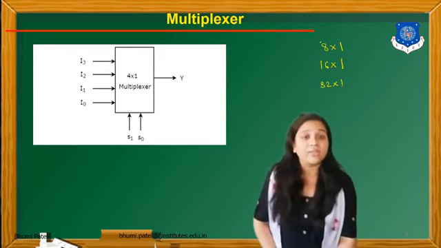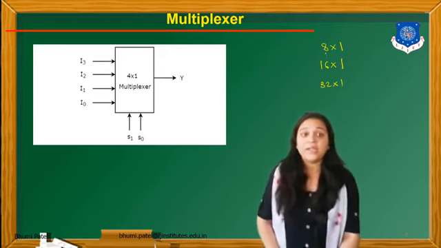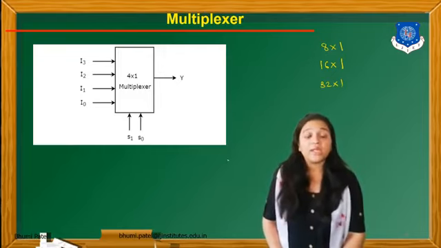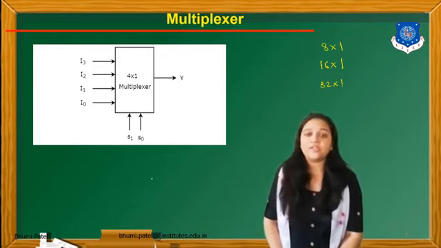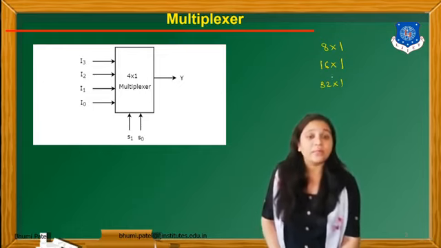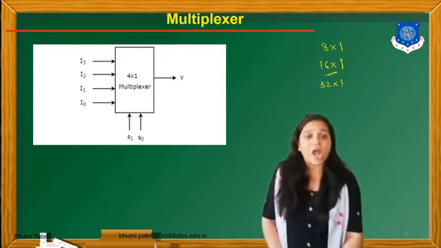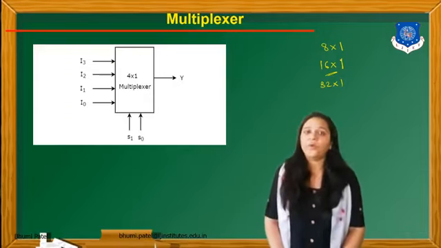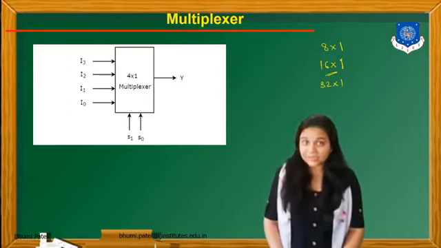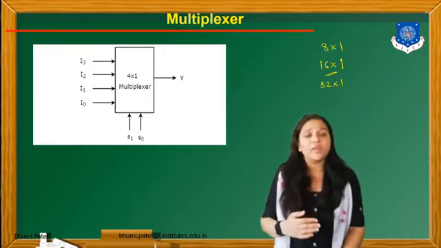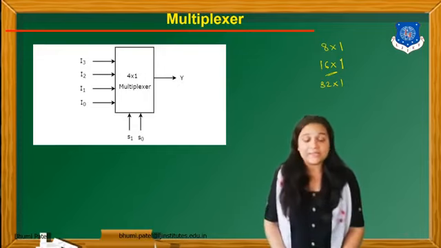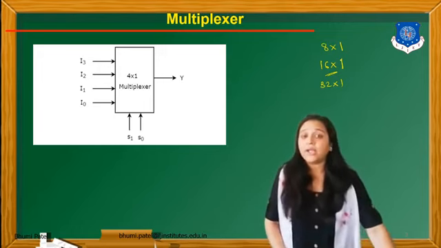If we draw the 8x1 multiplexer, we have 8 input lines, 1 output line and 3 selection lines. So the name indicates how many inputs and outputs are in the particular multiplexer. As you noted, every multiplexer has a different number of input lines, but only one output.